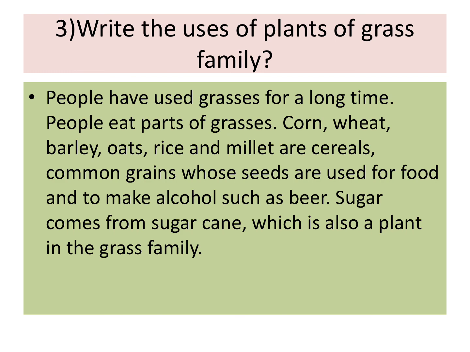Write fast, children. People have used grasses for a long time. People eat parts of grasses: corn, wheat, barley, oats, rice and millet or cereals.